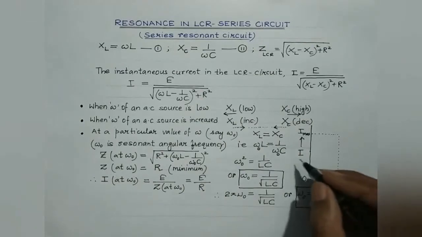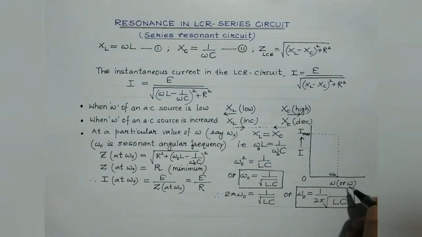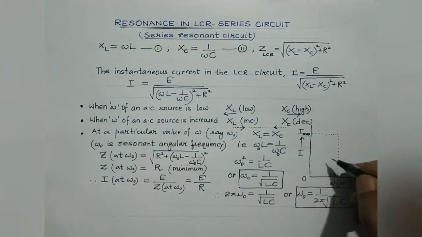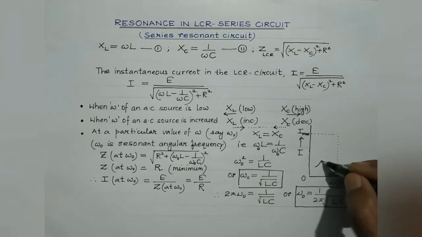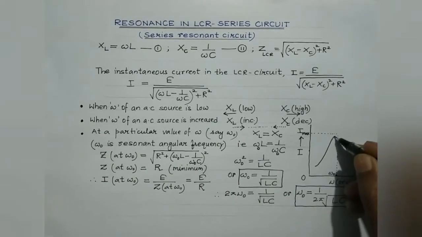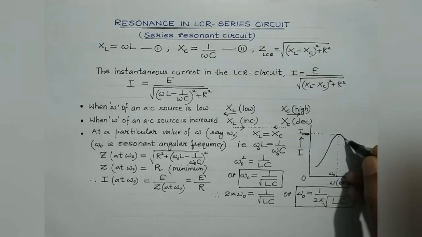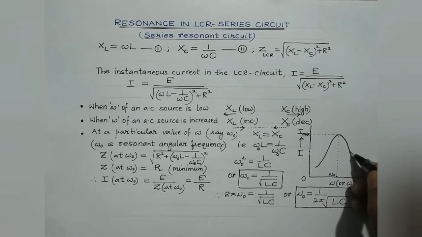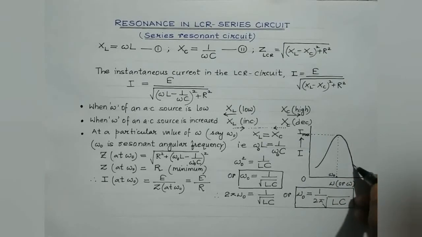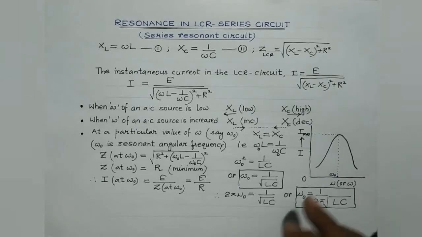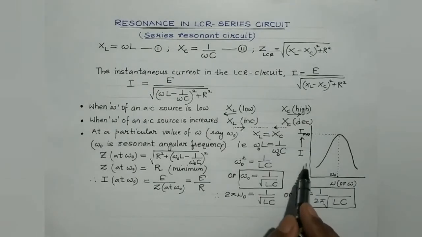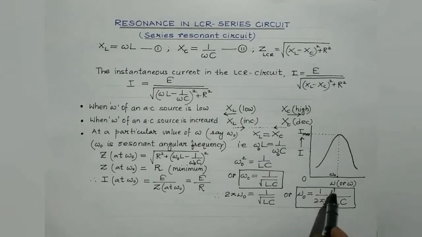So students, the variation of current with the frequency of the AC source is found to be somewhat like this. Corresponding to omega equals omega naught, it will attain maximum value. And on the further increase in the frequency of the AC source, the current starts decreasing. So this graph shows the variation of the current with the frequency, right?